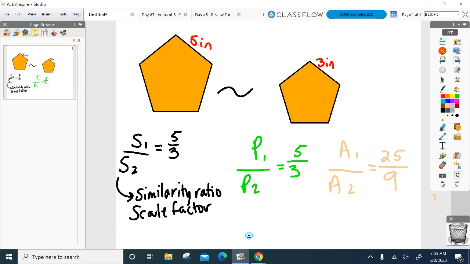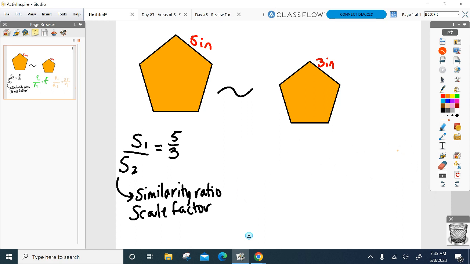Okay, now, here's where I ended it pretty darn quickly on Friday. We did a problem where I know these two are similar. And I gave you, in this case, I'll give you the area of the smaller one is 56 square inches. What's the area of the bigger one?